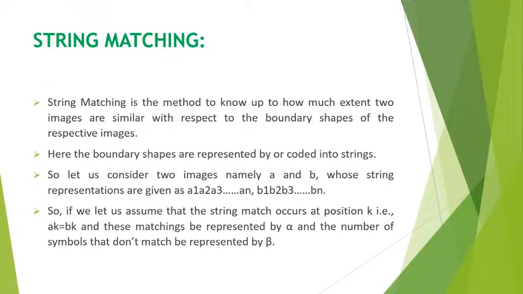So if we consider positions k in which there is a similarity in the characters of both strings, the number of similar characters is known as alpha. The symbols which don't match are represented by beta.